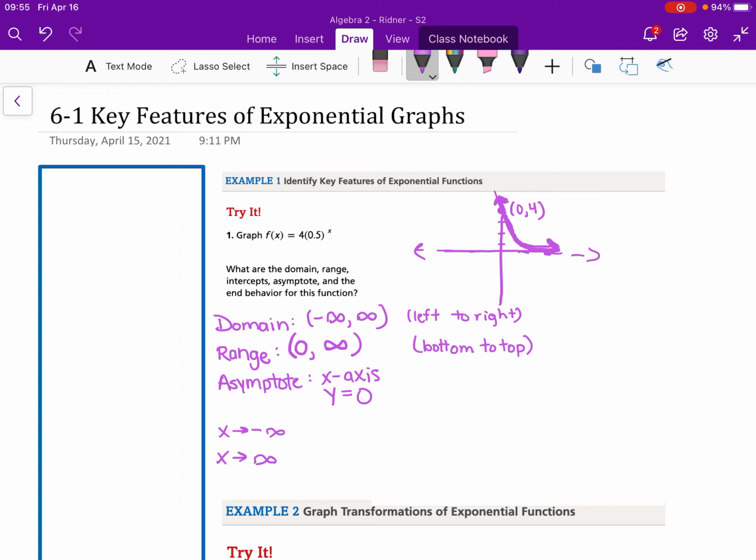So as x goes to negative infinity, what that means is as x is going left, what is the graph doing? Well, it's going up. So to say up in math terms, we say y is going to positive infinity. Now, as x is going right, remember it's mellowing out at almost 0, so we say that y is approaching 0.